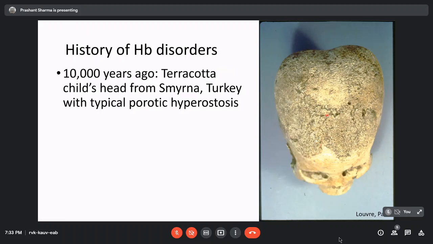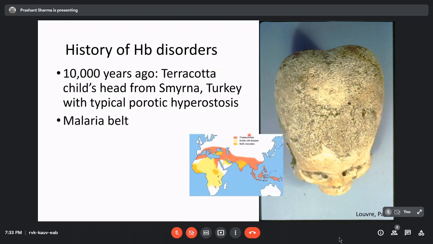There has been some debate amongst archaeologists and archaeohematologists, if there's something like that, about what it really represents. But the consensus is that this is probably a hyperproliferative anemia, most consistent with a thalassemia major.